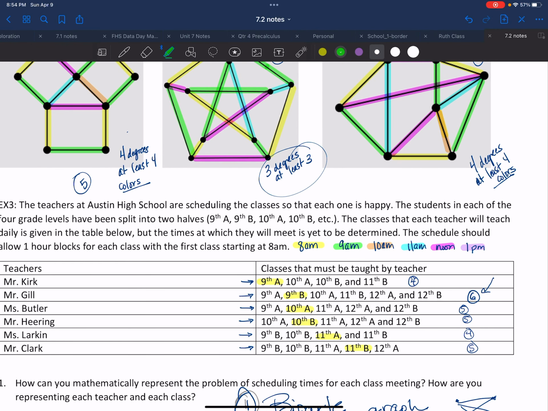So 9A, 9B, we could do a 10A, 10B, 12A, 11A. Let's see here. 1, 2, 3, 4, 5, 6.